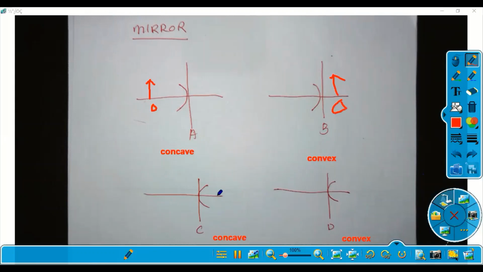If this is a concave mirror, the object must be placed at this side, and for convex, the object must be at the right side. So this is how we determine a concave and convex mirror. For this symbol, it can be concave or convex. The important thing is the position of the object. The position of the object is used to determine the type of the curved mirror.